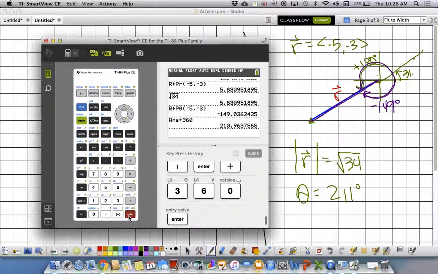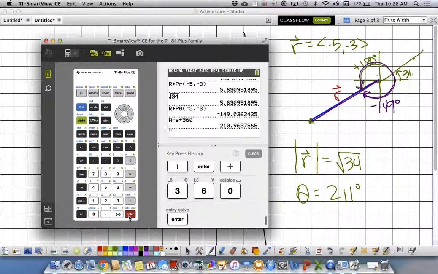What do we call 211 degrees and -149? How are they related? They're coterminal angles. So you still have to be smarter than your calculator. You start to think, does this make sense?